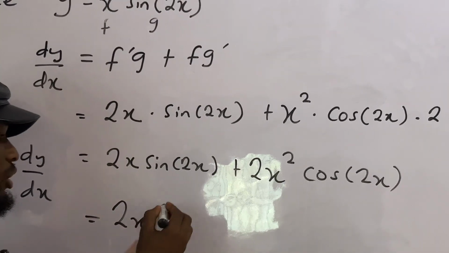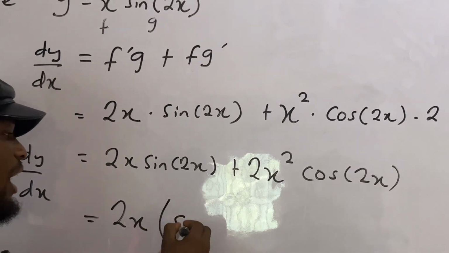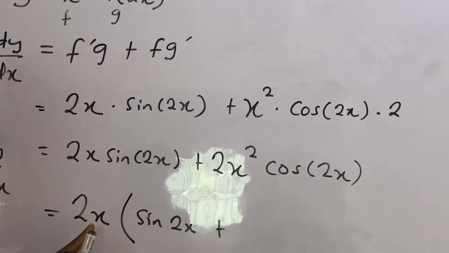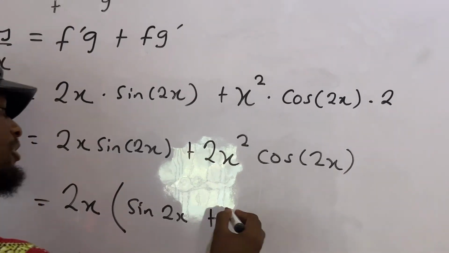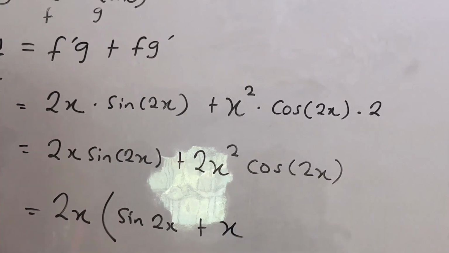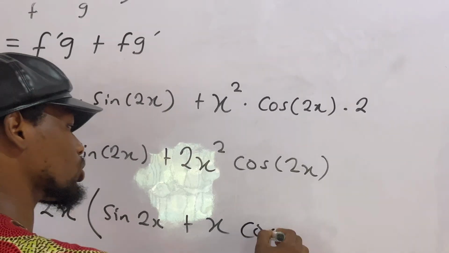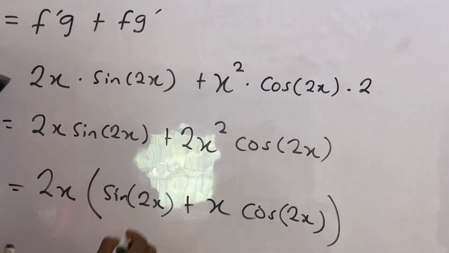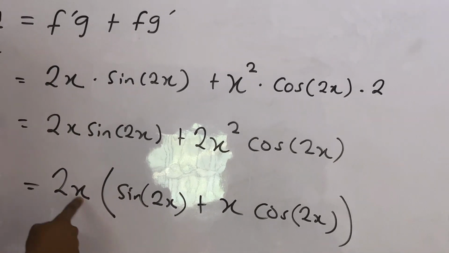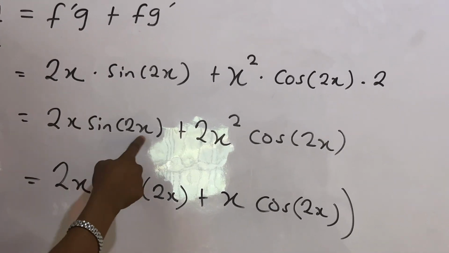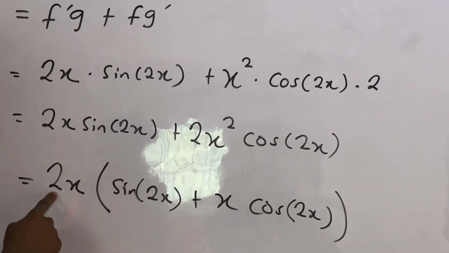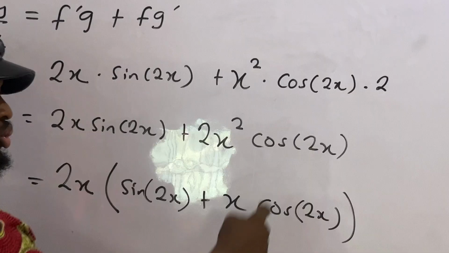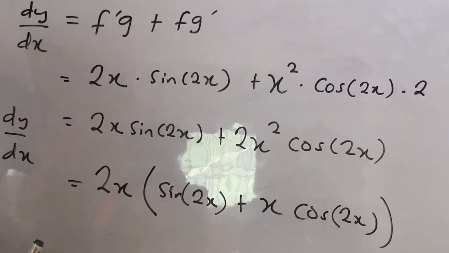Open bracket, I have sine 2x, then plus x cos 2x. Such that when you multiply 2x by this, you have 2x sine 2x, then plus 2x times x, which is 2x squared cos 2x. This is the first example.